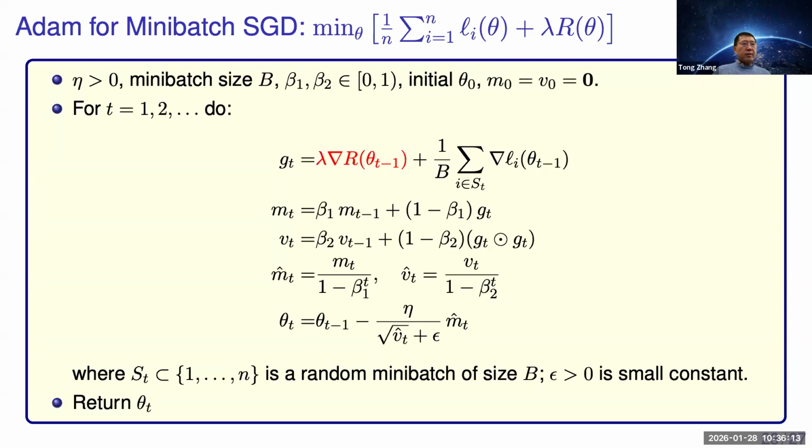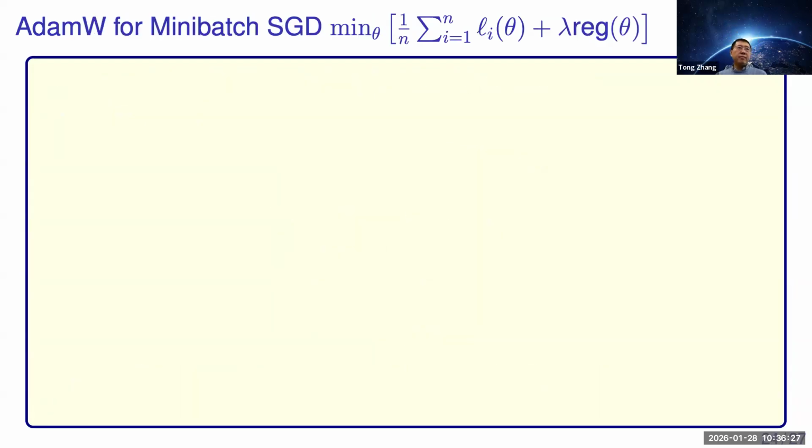So in Adam, we see this regularizer, and when moving here, there's something funny, and this funniness actually has some theoretical basis. You want to say this is not the right way to do that. AdamW turns out to be more of a procedure.